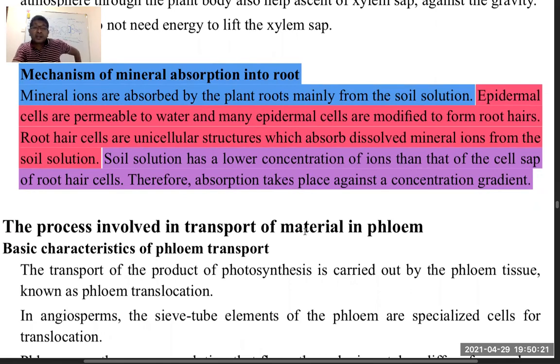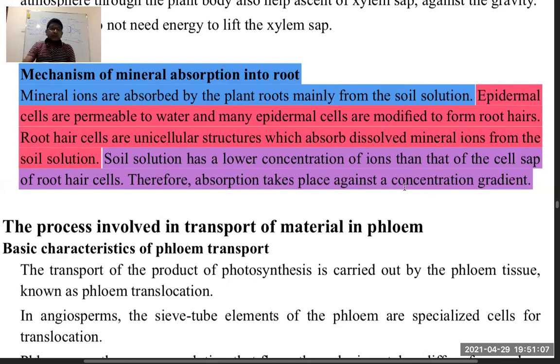Therefore, absorption takes place against the concentration gradient, by using energy. That is a method of active transportation.